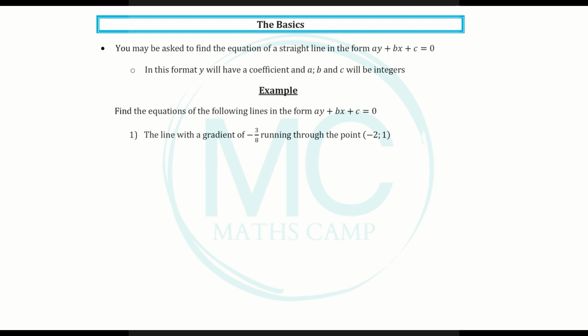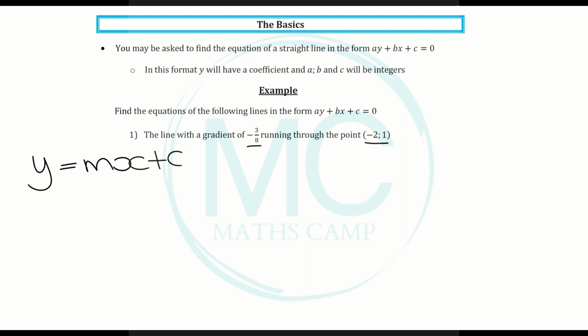As an example, find the equation of the following lines in the form ay plus bx plus c is equal to 0. The line with gradient negative 3 over 8 running through the point negative 2, 1. So let's start with y is equal to mx plus c.